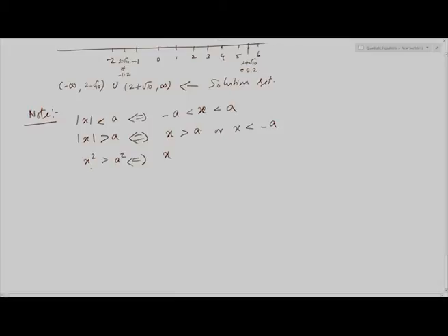What we have to do is: x square is greater than a square if and only if either x is greater than a or x is less than minus a. Similarly, for x square less than a square, it is similar to this case, if and only if minus a less than x less than plus a.